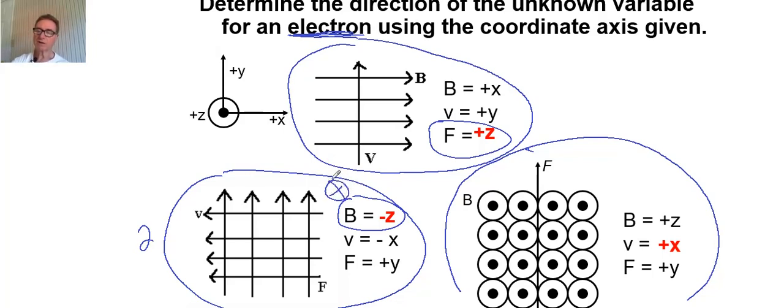Okay. Let's look at our third example over on the lower right-hand side over here. This time we have a magnetic field coming out of the page, right? The circle with the dot. We have a force going up, and we want to know what the direction of the velocity is on our negative charge. Well, let's see. Force is going up, magnetic field coming out of the page, and so my fingertips are pointing to the left, all right?